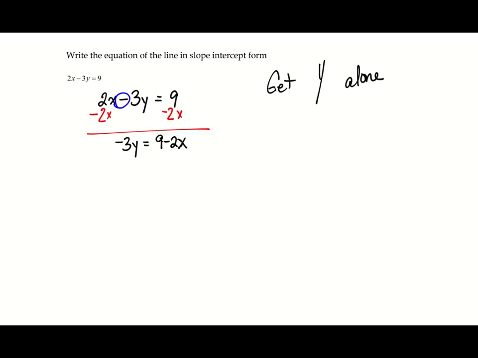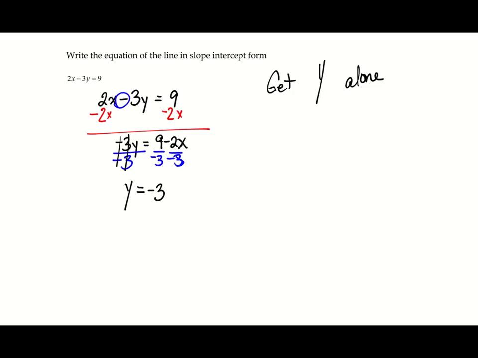Now, in order to get that y alone, we're going to divide by -3. Everybody gets divided by -3. These guys cancel, leaving me with y equals 9 divided by -3 gives us -3.